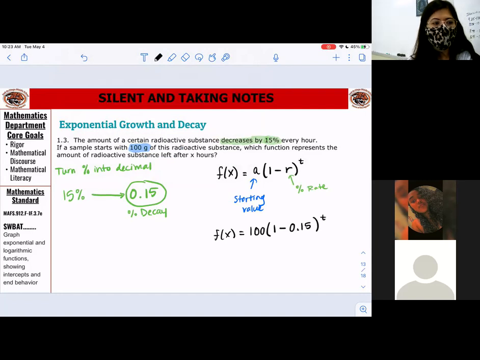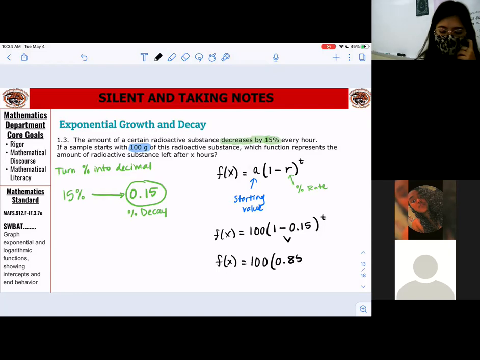What is the last thing I have to do? Do the math. So in other words, 1 minus 0.15, what do I get? Not quite. We're subtracting a decimal. So think about money. $1 minus 15 cents. 0.85 to the power of t. That is my final answer.